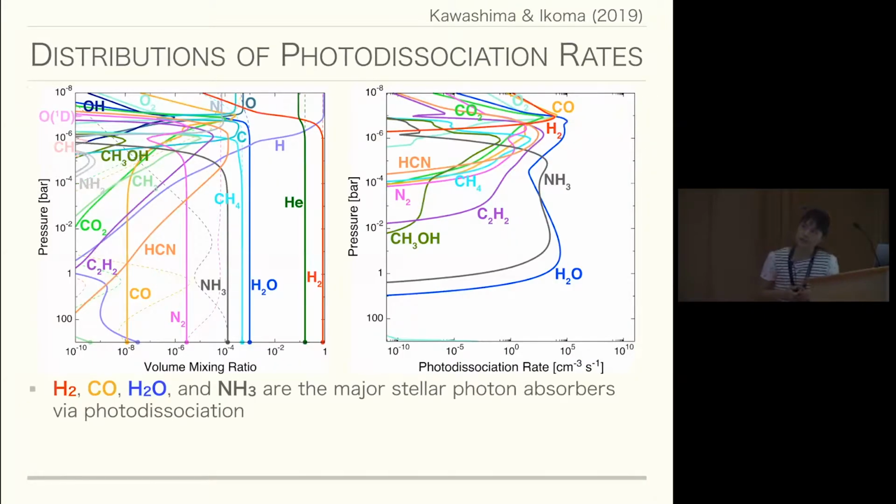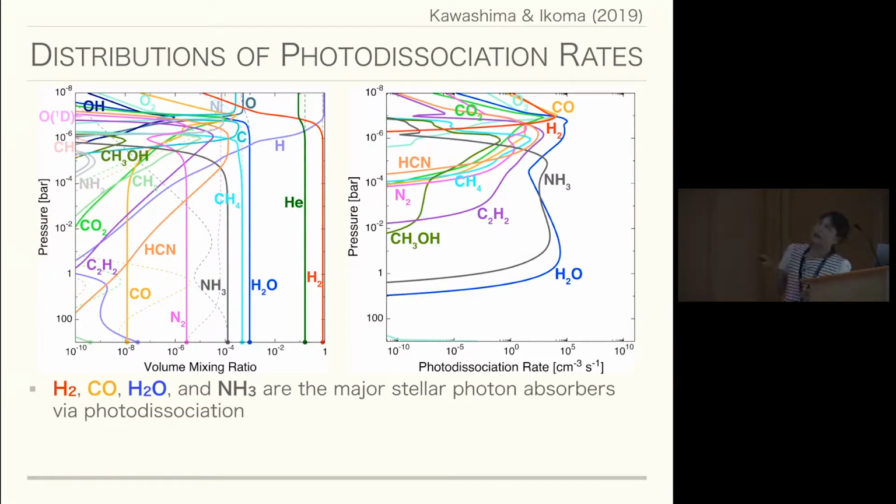Before going to the details of the results, I'd like to first show the results for the photochemical calculations for the fiducial case. The left figure shows the distribution of the volume mixing ratio of each molecule as a function of pressure in bar. And the right figure shows the photodissociation rate of each molecule, also as a function of pressure.